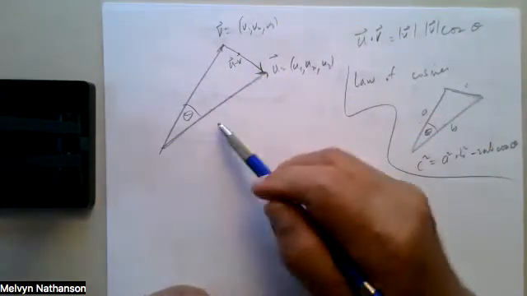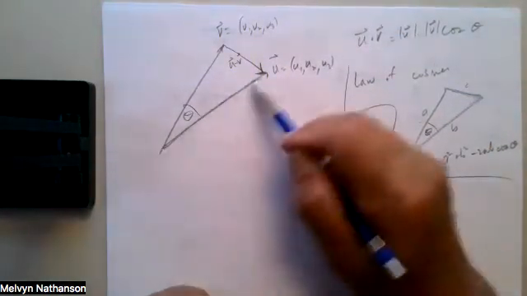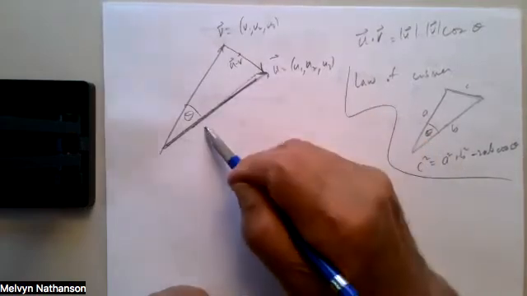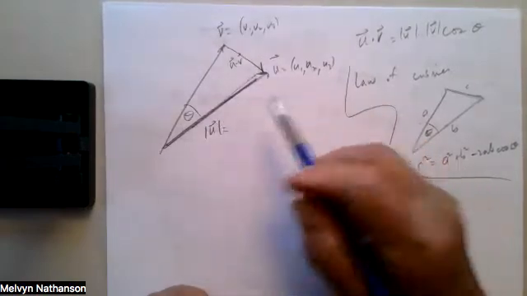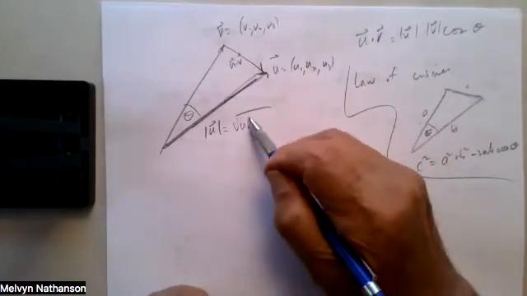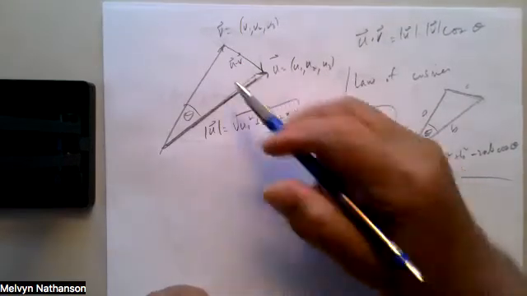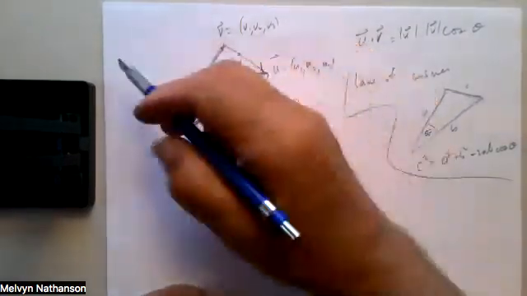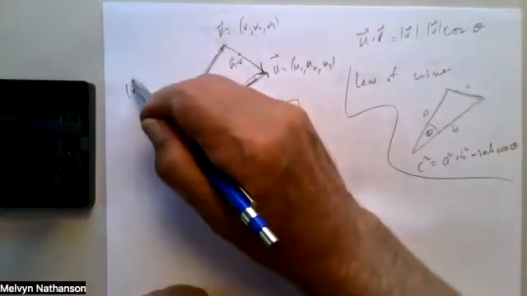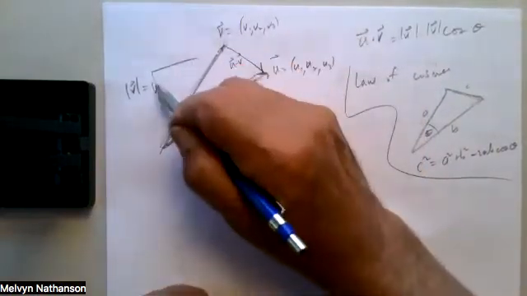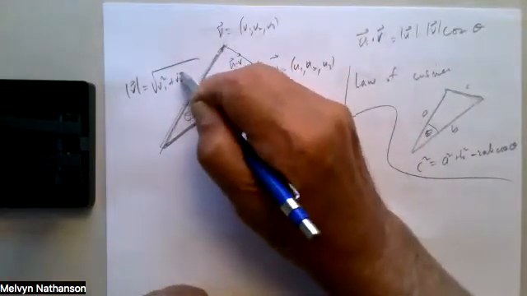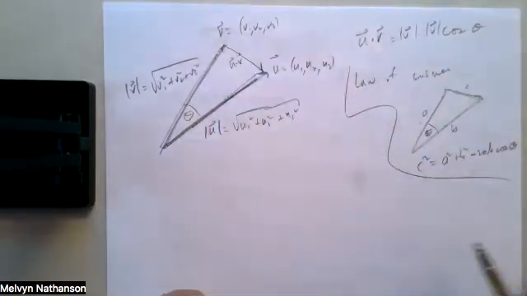So we have a triangle where the length of this side is the length of u, which is the square root of u1 squared plus u2 squared plus u3 squared. This side is the length of v, the square root of v1 squared plus v2 squared plus v3 squared.